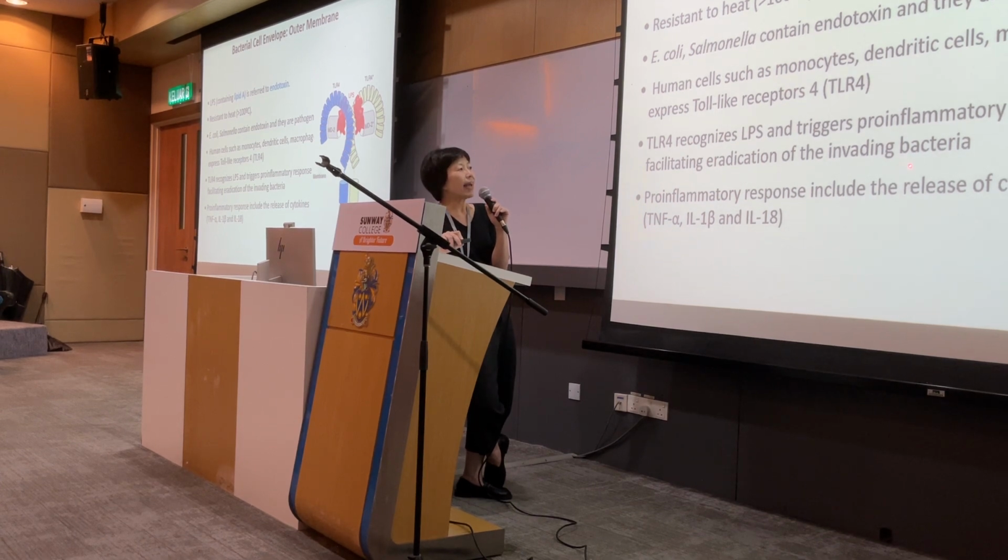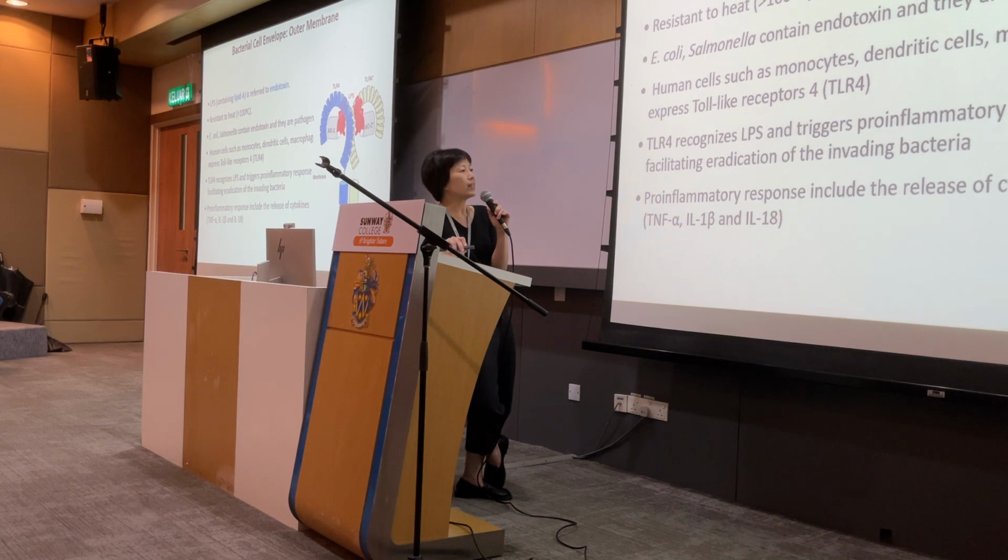So in reaction to this invasion, we produce a lot of cytokines, which are inflammatory molecules such as TNF, tumor necrosis factor alpha, interleukin 1 beta, and interleukin 18. There are also interleukin 1 and 6, also part of the cytokines. They are expressed during the stage of inflammation, and therefore we have fever, all this.